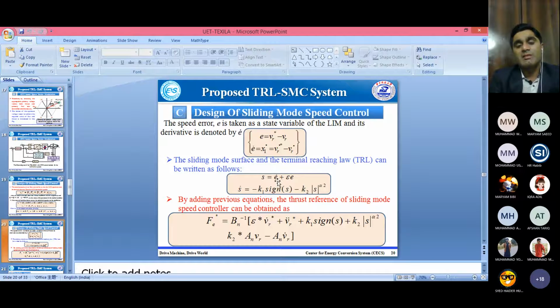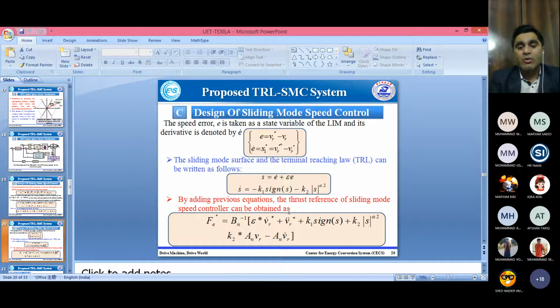The slide mode surface is responsible for the state to stay on the rated value, or on one line.